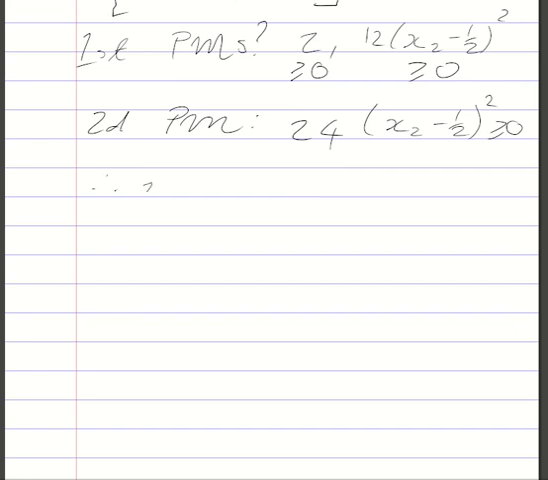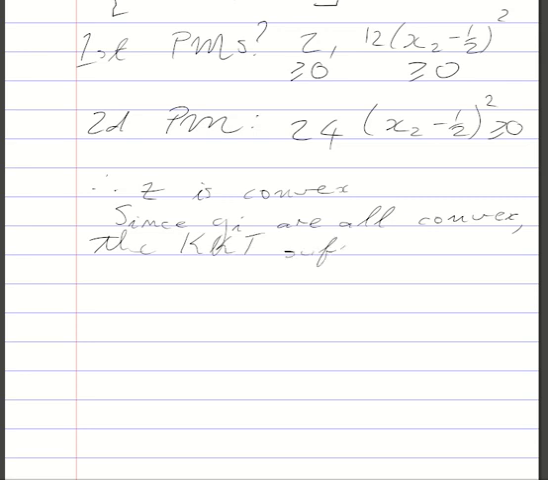So therefore the function z is convex, and since our constraints gi are all convex as well, the KKT sufficiency conditions are satisfied.